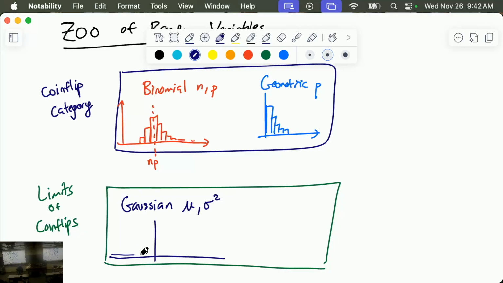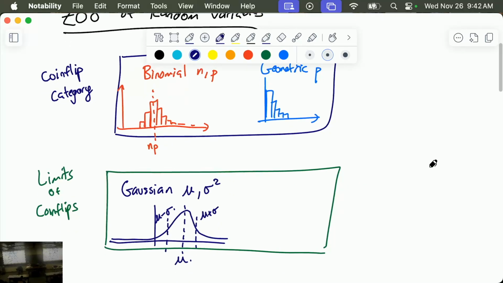Let me draw it not centered. Again, it's centered around the mean. It's a nice bell curve with inflection points at mu plus sigma and mu minus sigma. And then we also talked about how we get this limit. The binomial becomes the Gaussian in the limit that, okay, you have to rescale.